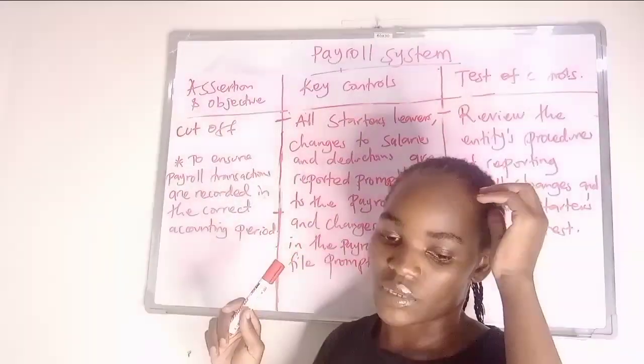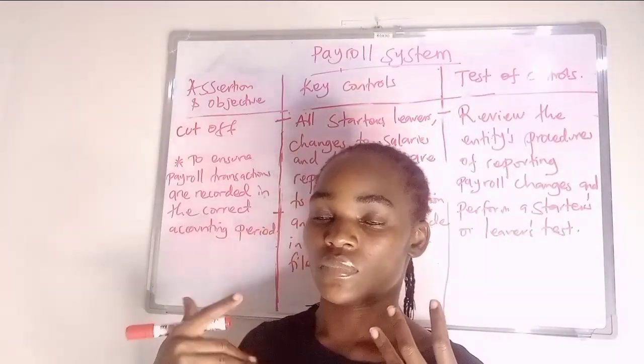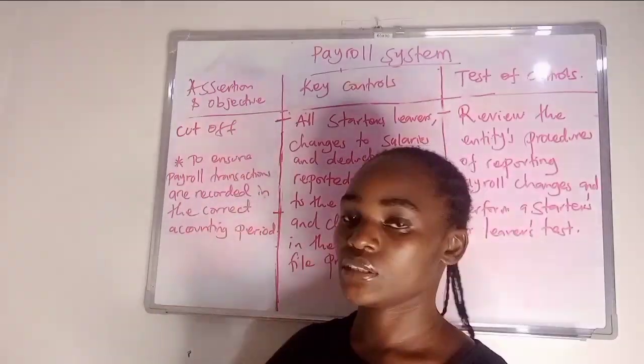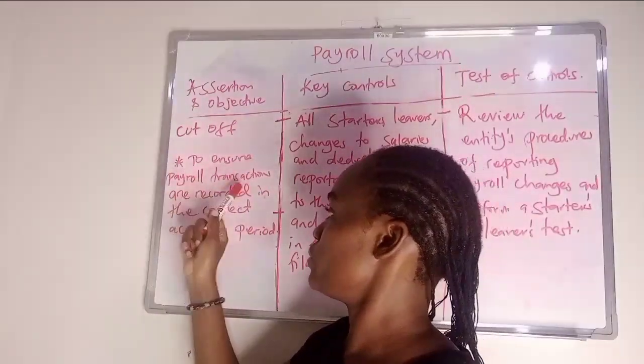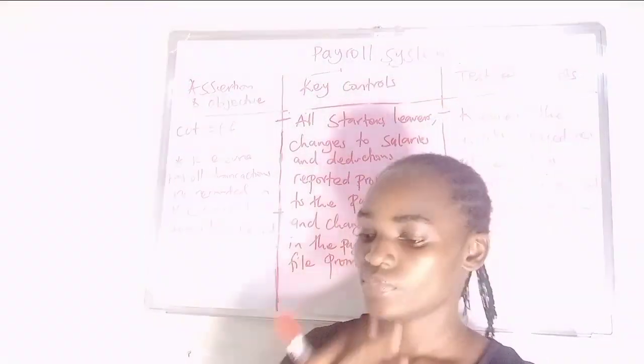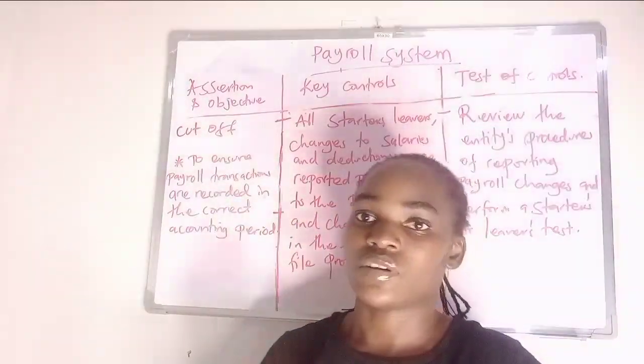Cutoff, as we said, is making sure that transactions are recorded in the correct accounting period. So here the objective is to ensure that payroll transactions are recorded in the correct accounting period. The objectives are the same for every transaction system.